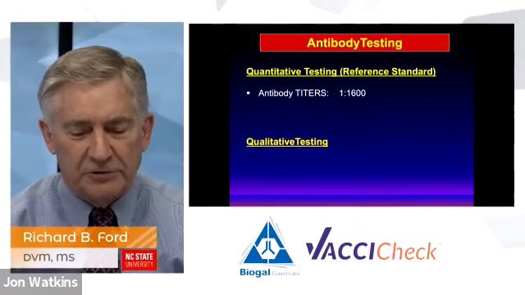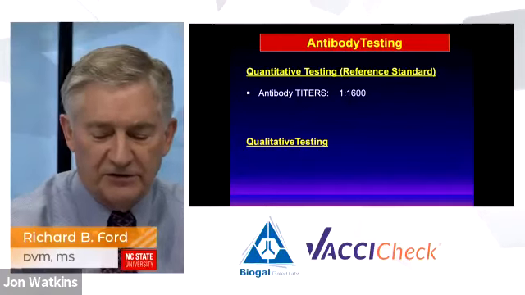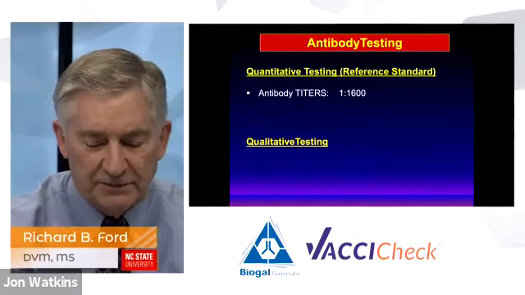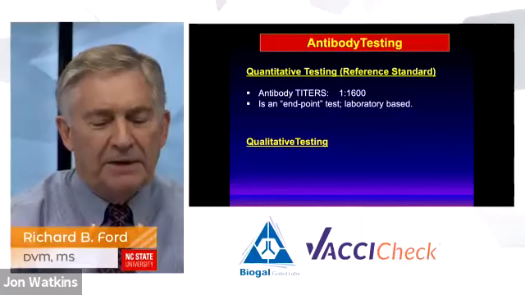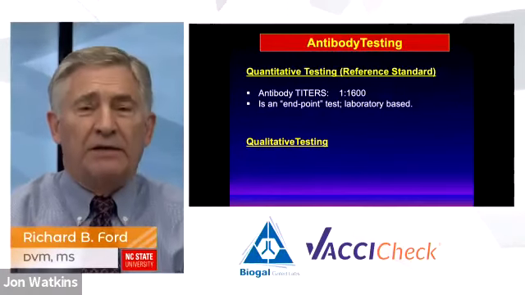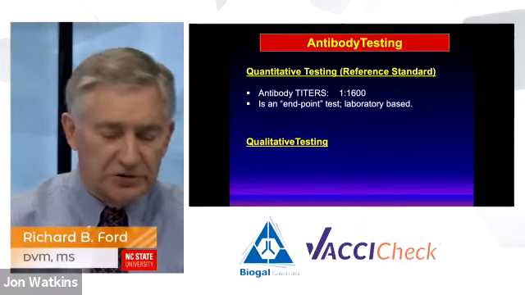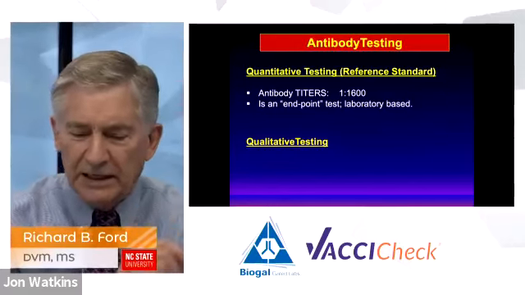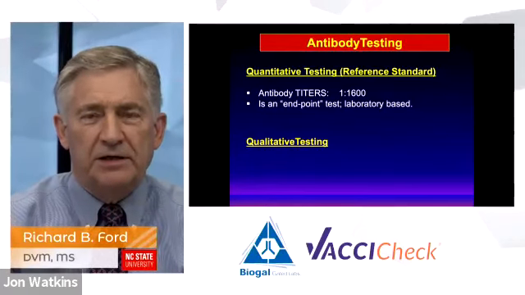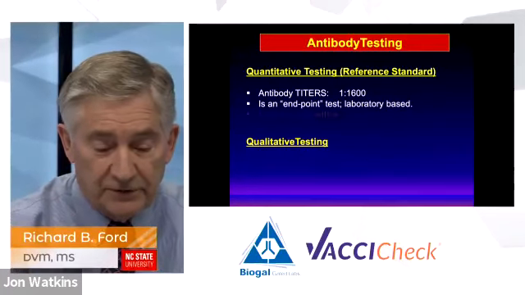And that's how it's reported then as a dilutional effect that still neutralizes the pathogen. Antibody titers are an endpoint test. They carry out the dilutions until there is no more neutralization or hemagglutination. And as a result of that, they must be done in a laboratory. You are not doing titers in practice.